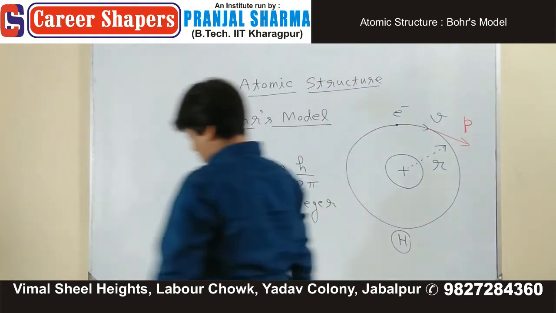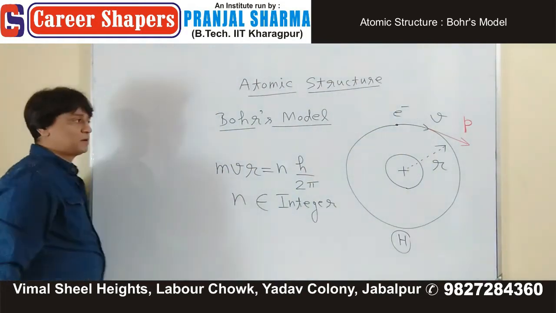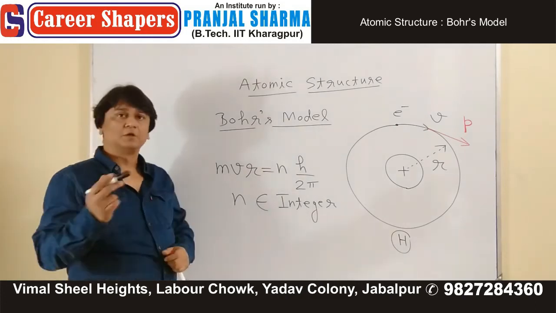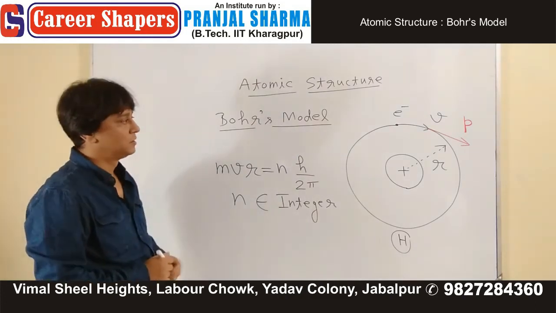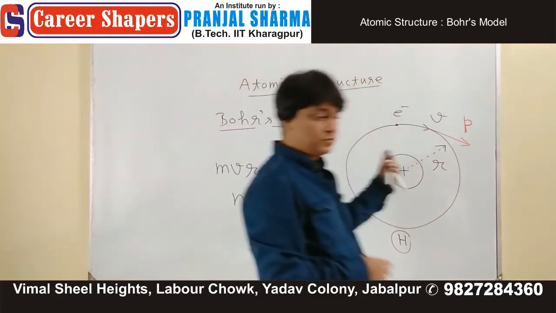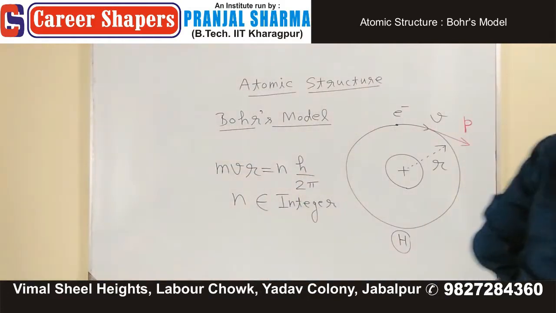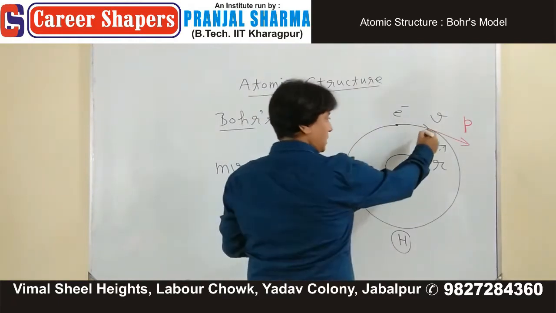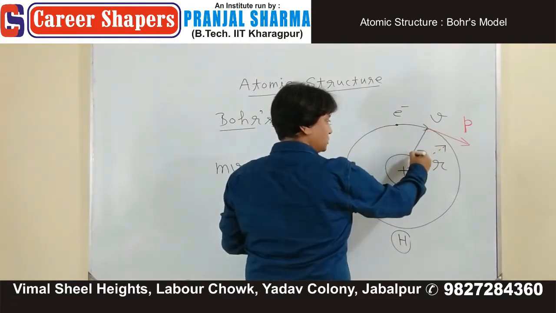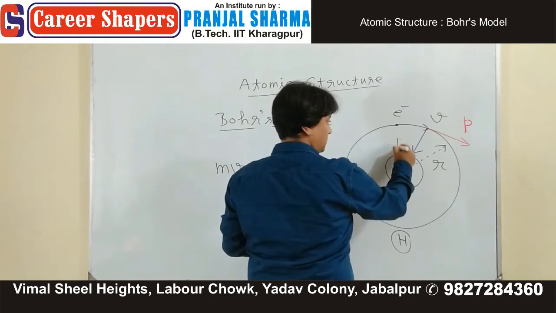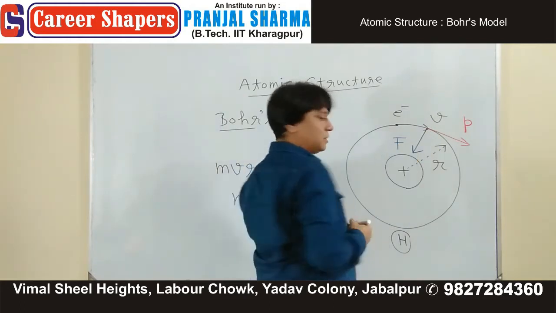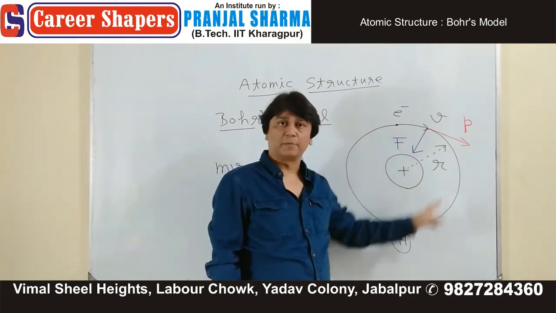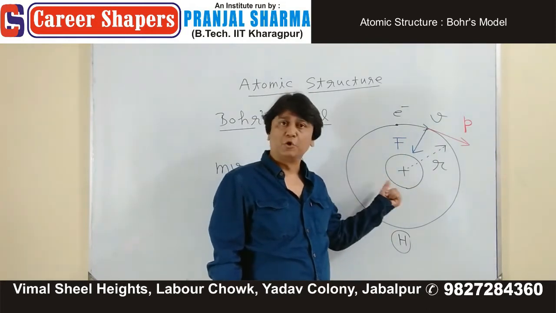So once we say that this electron is moving in a circular path, then this electron needs centripetal force, and this centripetal force is going to act towards the center of the circular path where your nucleus is present.